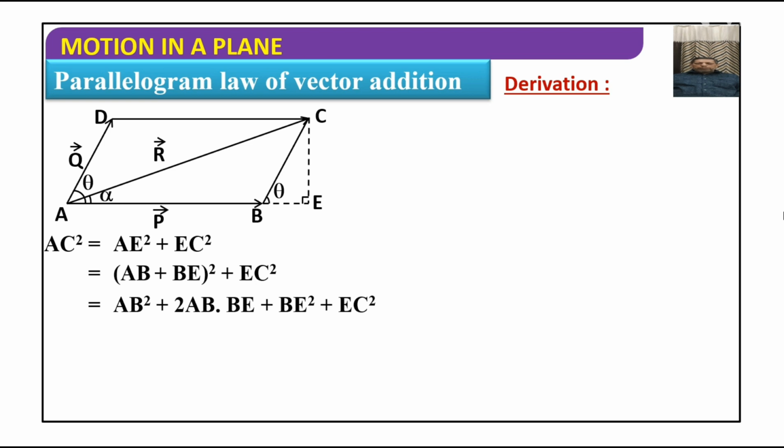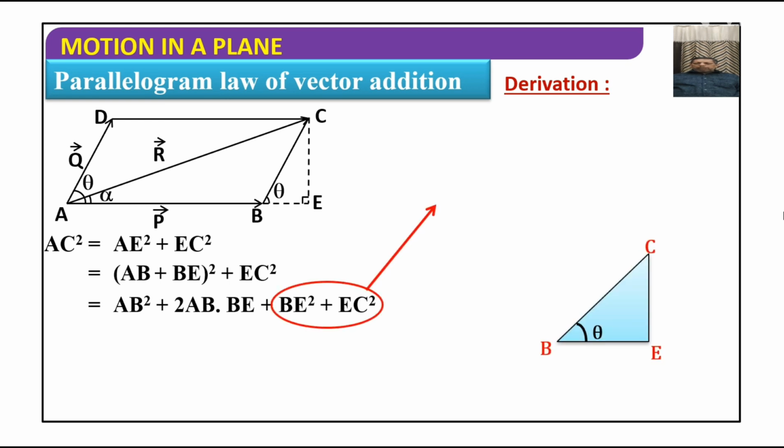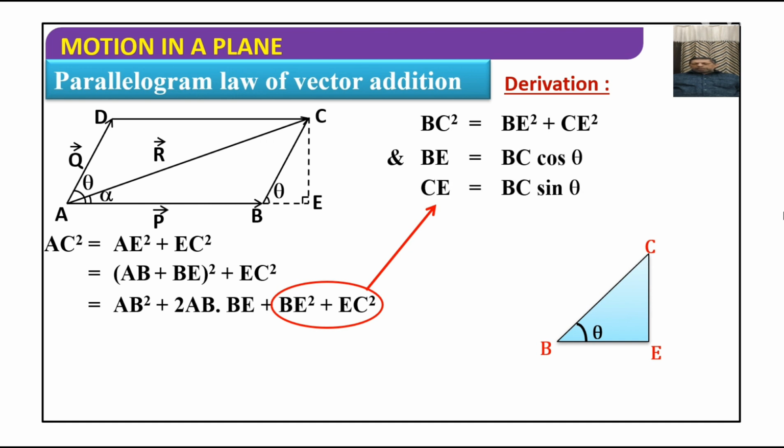Similarly, (AB plus BE) square becomes AB square plus 2AB into BE plus BE square, plus CE square. Now BE square plus CE square is equal to BC square by Pythagoras theorem, and BE over BC is equal to cos theta, means BE equals BC cos theta.